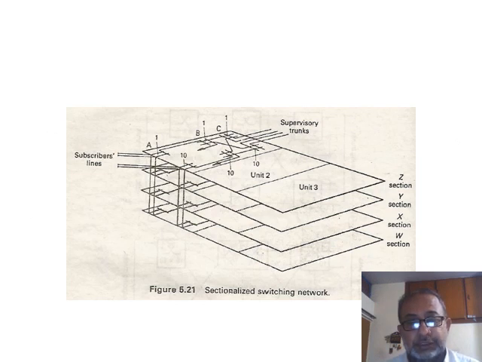In practical systems, we can show this as a sectionalized switching network, in which different sections of switching are practically connected over here, designed and introduced in a digital switching network.